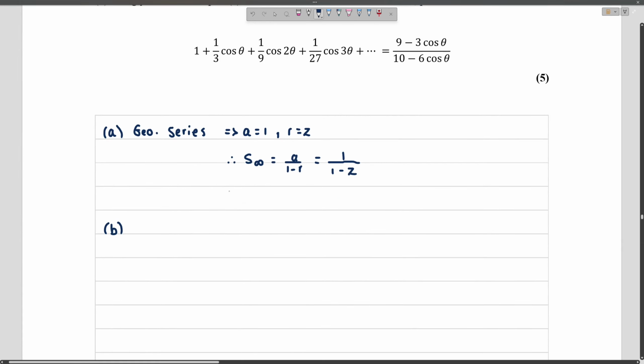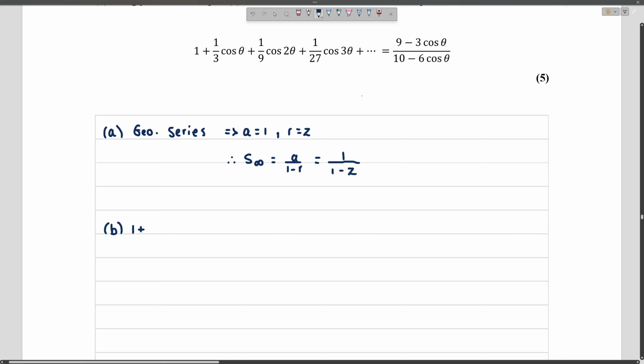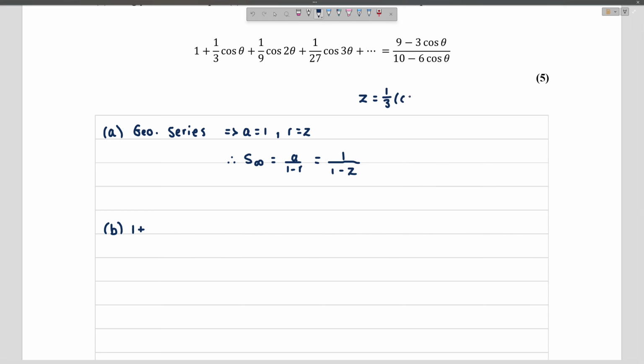So what I've got here is 1 plus, so 1 over 3 bracket cos theta plus i sine theta.